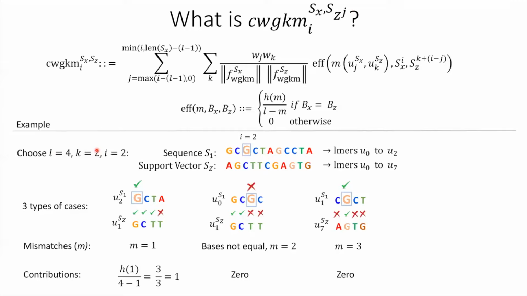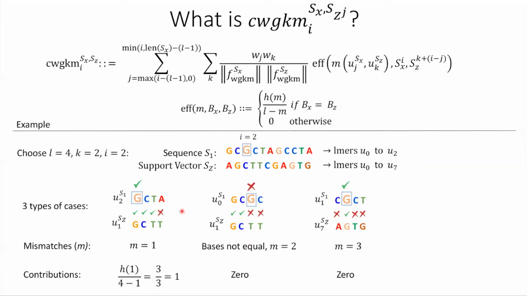So exactly in line with the formula, we must iterate through the Elmers in S1 that contain position 2, and these are only the Elmers U0 to U2. And of course, in the support vector SZ, we must iterate through all Elmers, which would be Elmers U0 to U7. So we don't actually show all these 24 pairs of Elmers, but only take 3 representative examples to illustrate the types of cases encountered when attribution is being done.